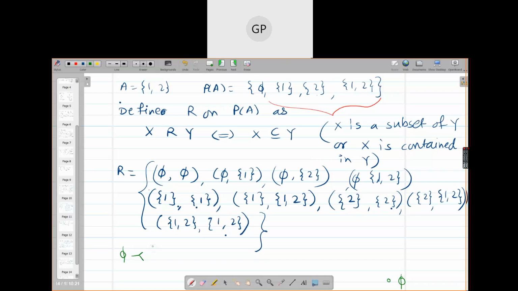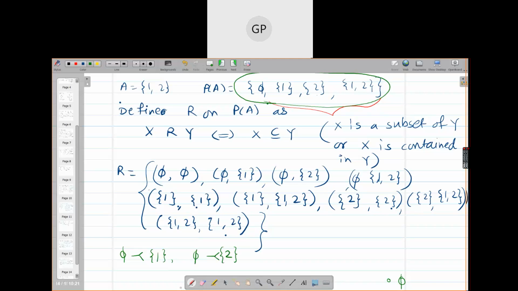यहाँ पे जो सेट्स हैं आपके पास, इनमें से phi is covered by which elements? Singleton 1, right? Singleton 2. And phi is covered by singleton 2 also.